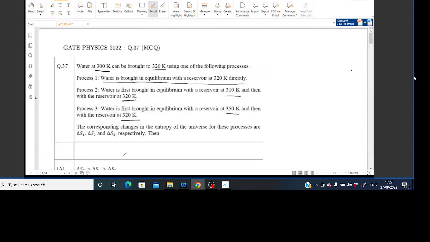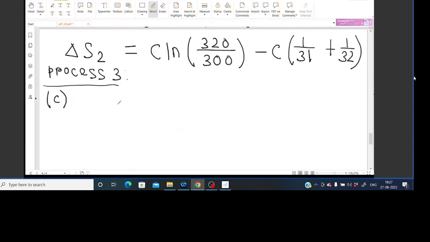In process 3, water is first brought in equilibrium with the reservoir at 350 Kelvin and then with the reservoir at 320 Kelvin. In process 3, there are two sub-processes C and D. In the first sub-process C, we have the initial temperature of water 300 Kelvin and the final temperature 350 Kelvin.